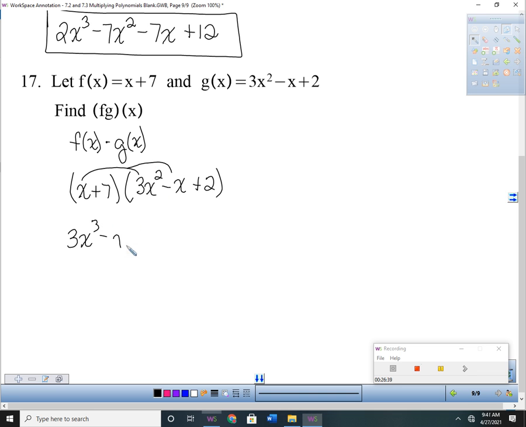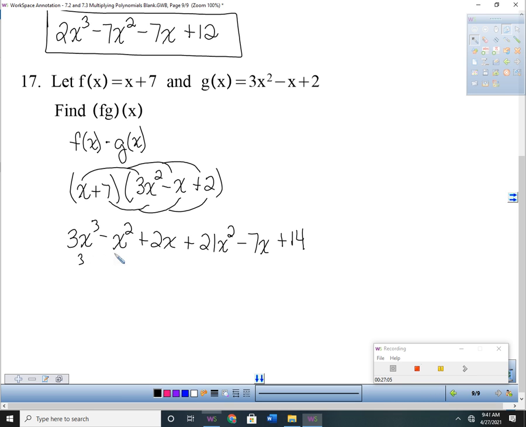X times negative x is negative x squared. And x times 2 is 2x. 7 times 3x is 21x squared. 7 times negative x is negative 7x. And 7 times 2 is 14.